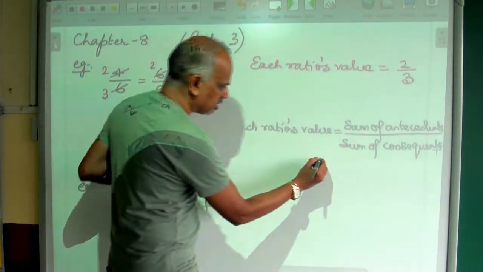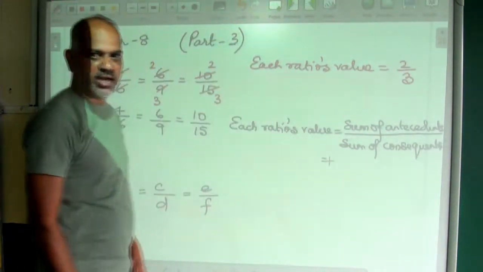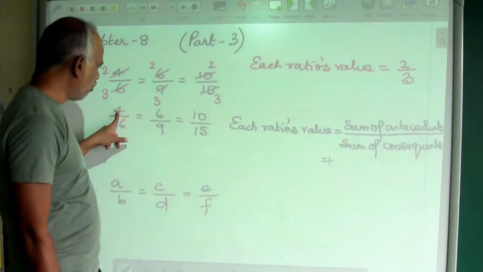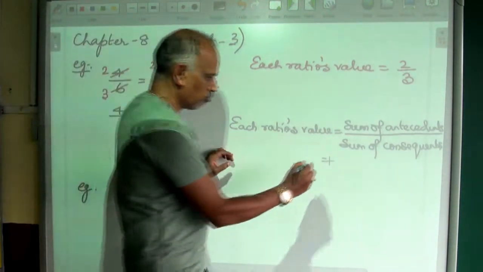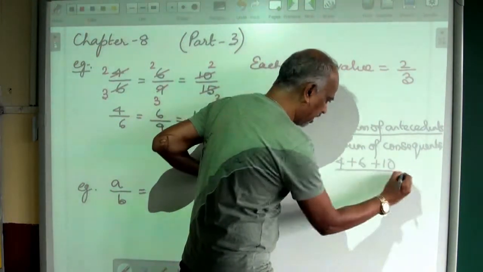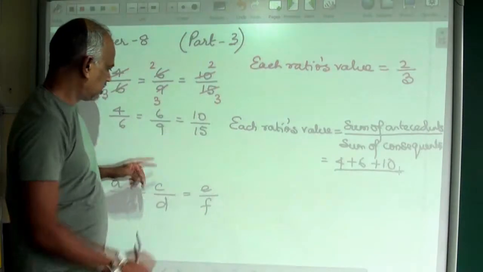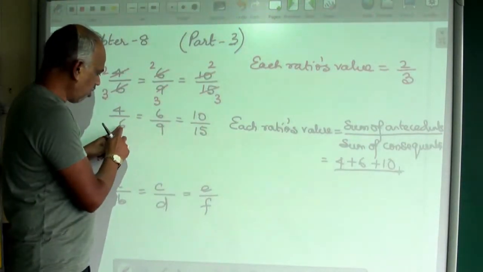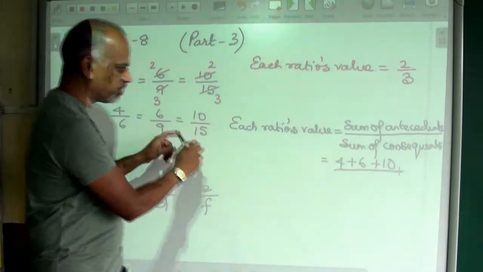So in this case, this would be equal to the sum of antecedents, means add up all those which are in the numerator. That is 4 plus 6 plus 10, divided by the sum of the consequents, the denominators which are here. Add all of them: 6 plus 9 plus 15.